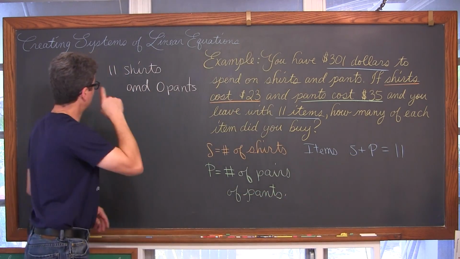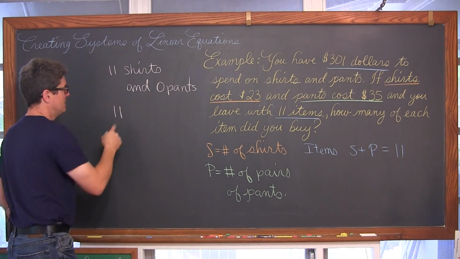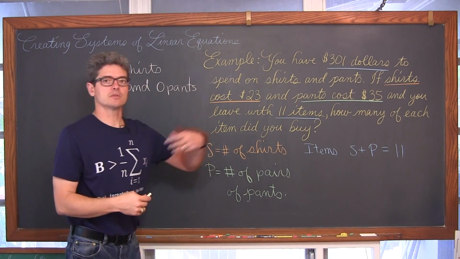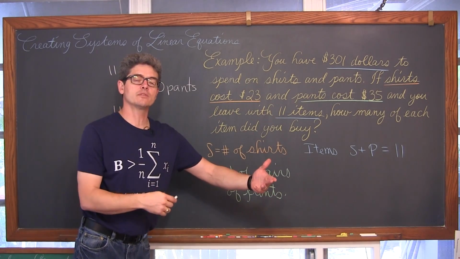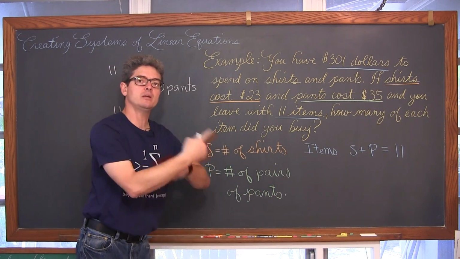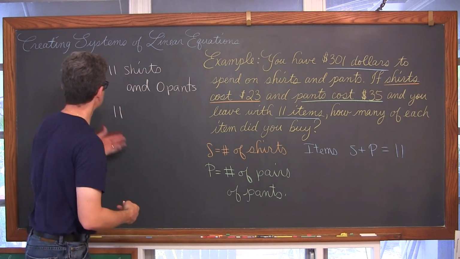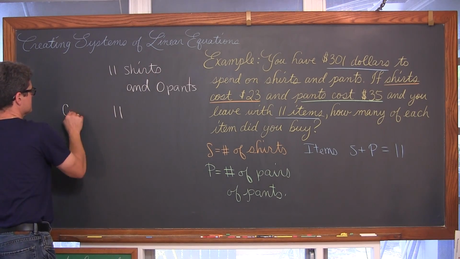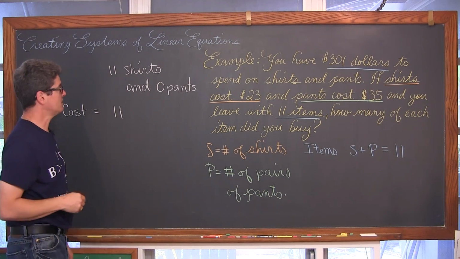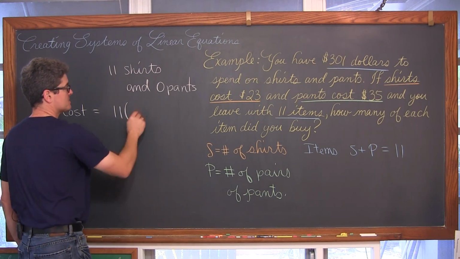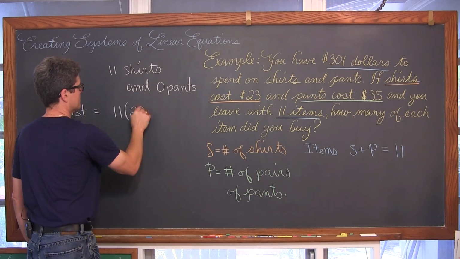But every shirt you go up to the register with, they're going to add $23. That repeated addition is multiplication. So what would your cost be for just buying 11 shirts?